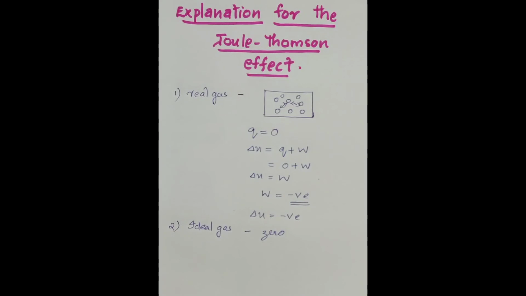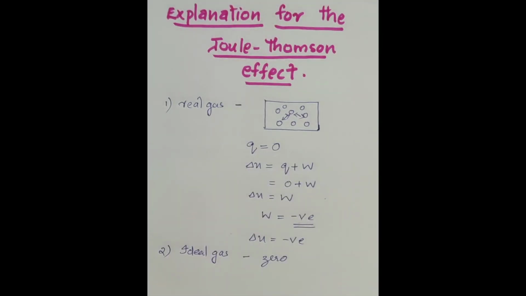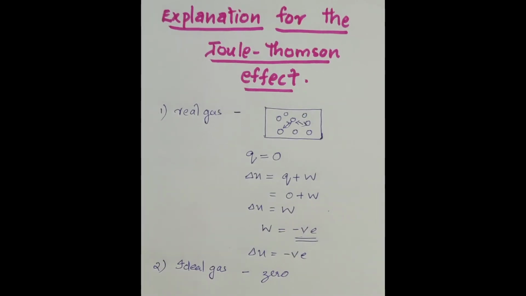These are the explanations for the Joule-Thomson effect in the case of a real gas and an ideal gas. The Joule-Thomson effect is of great practical importance in the liquefaction of gases. Liquefaction means a gas is converted into the liquid state.